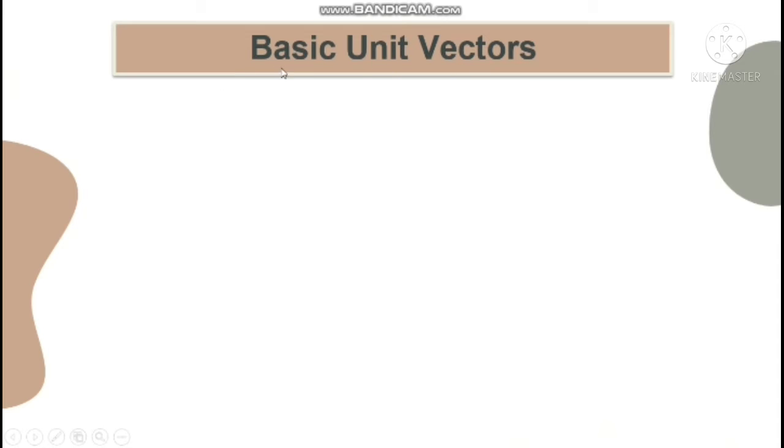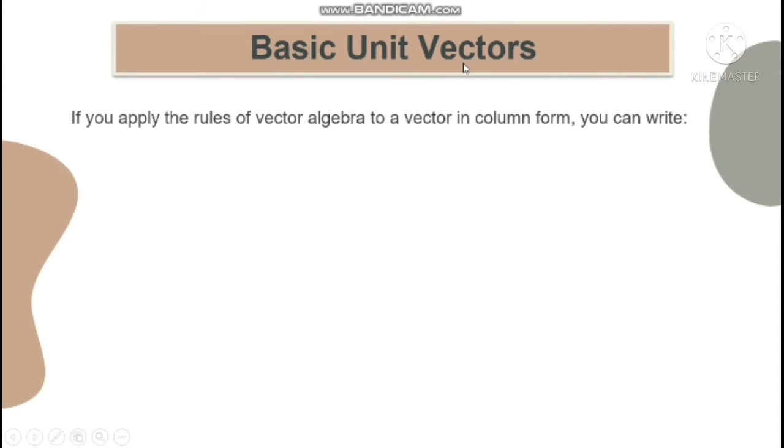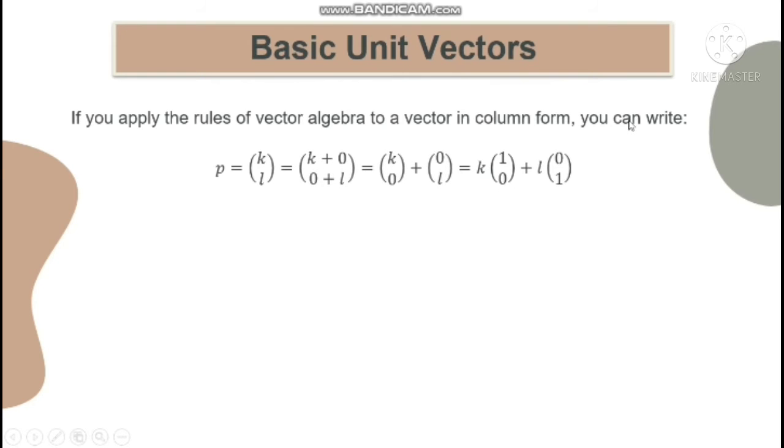The fourth is basic unit vectors. If you apply the rules of vector algebra to a vector in column form, you can write P equals (K, L) equals (K plus 0, 0 plus L) equals (K, 0) plus (0, L) equals K(1, 0) plus L(0, 1).